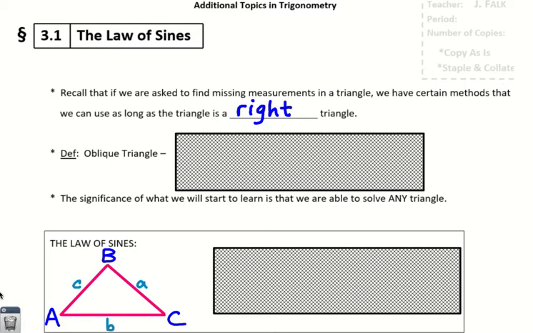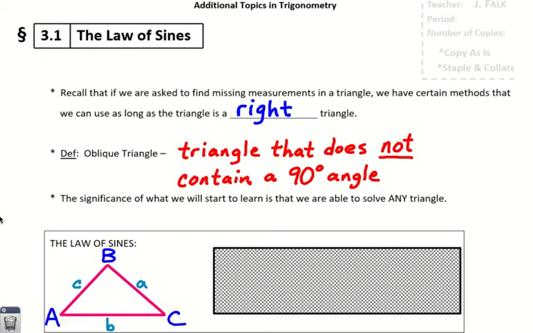So basically, the significance of what we're doing in 3.1 is we're going to start to learn how to solve all kinds of triangles. And so a quick little definition, this isn't going to be the most important vocabulary word in the world, but an oblique triangle is technically a triangle that does not contain a 90-degree angle.